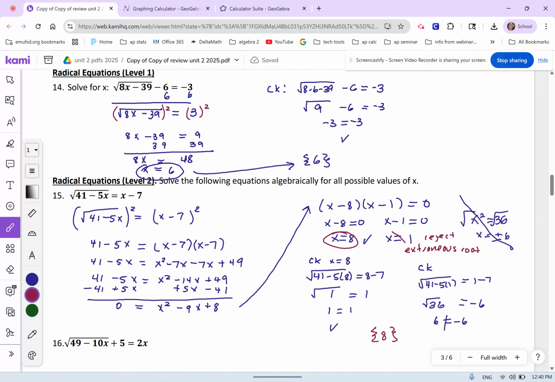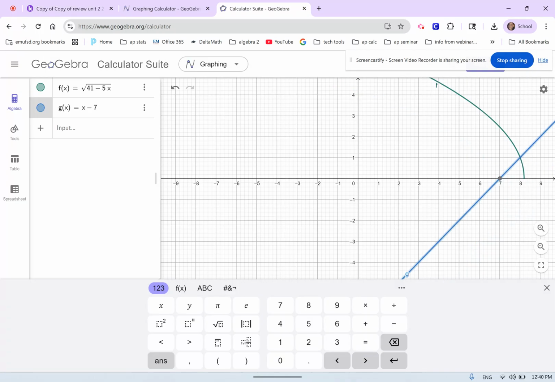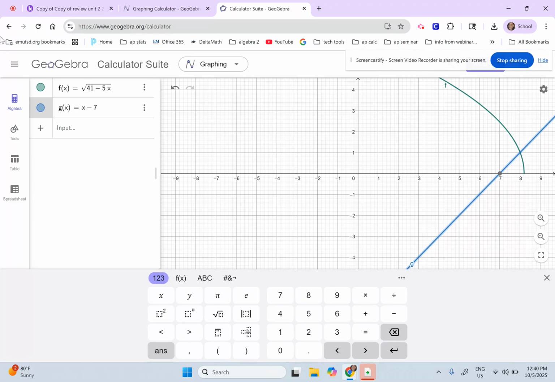You're putting the 8. If you want to check in the calculator, there are multiple ways of doing it. Again, I pre-entered both sides of the equation, and I'm going to first check 8, so I do f of 8. And I get 1, and now I do g of 8, and I get 1, so that works.